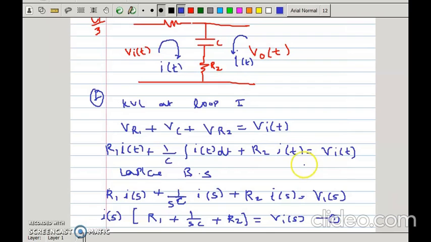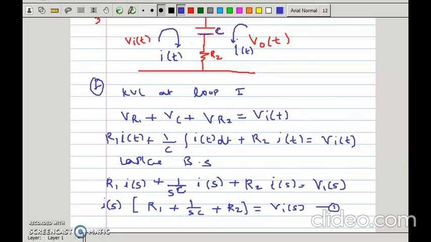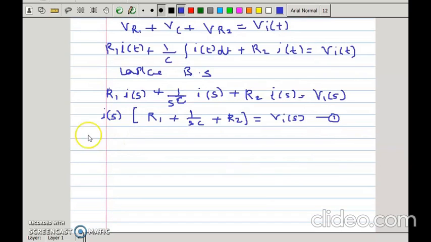Okay, let's apply KVL at output loop, second loop. So in the output loop there are two components, one is capacitor and second is R2. Let's apply. Second step, apply KVL at loop 2.